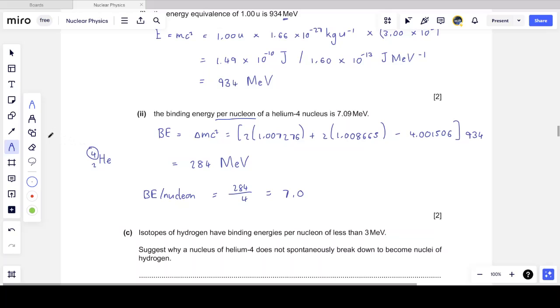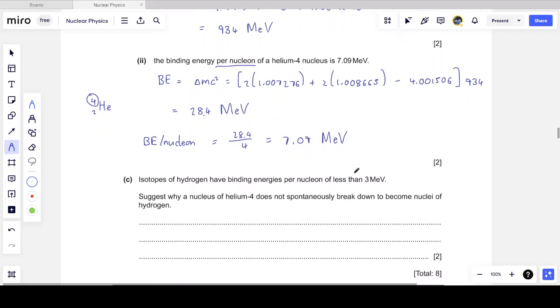Actually, that wouldn't give us 7, would it? It's 28.4 mega electron volts, not 284. That number's way too high. So 28.4 mega electron volts divided by 4 should give me 7.09 mega electron volts per nucleon. So that's the amount of energy I would require to remove each nucleon individually from the nucleus, and it gives us an idea of stability.